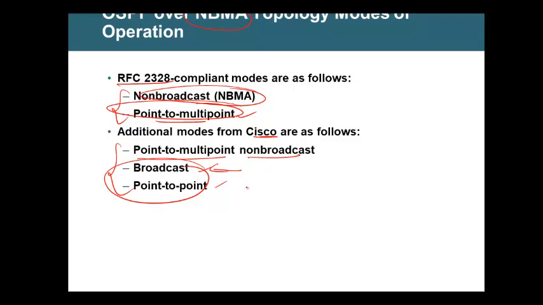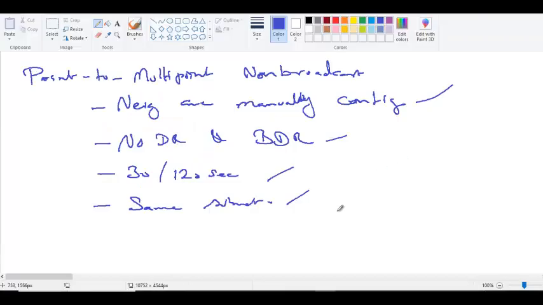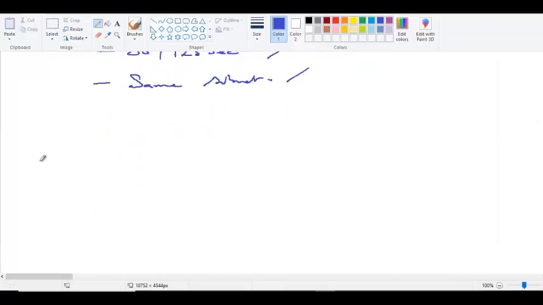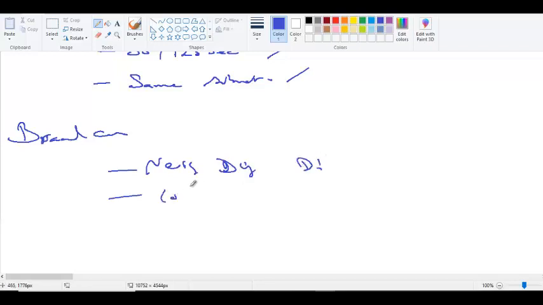So in the frame relay environment, when you have multiple subnets, then you need to enable point-to-point. Will there be DR, BDR election? No. In point-to-point, neighbors are dynamically discovered, there is no DR, BDR. What is the timer? 10 and 40. So in a non-broadcast environment, if you want ordinary broadcast or ordinary point-to-point, you go with these two modes.